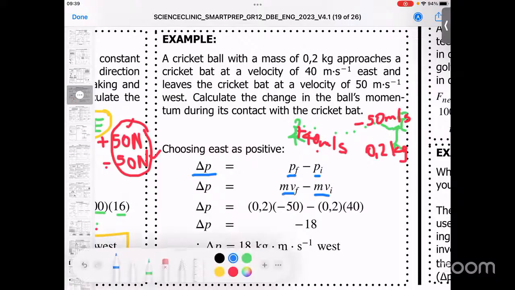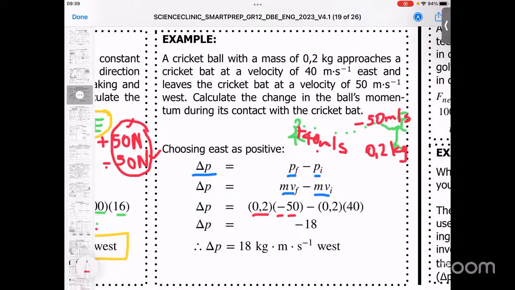Be very careful here. It is that same mass, but the final situation is that it leaves the bat at 50 meters per second. But which direction? West. So that means you have your east as positive, and then the opposite of east is going to be negative. Can you see? That is why it is substituted as negative there.